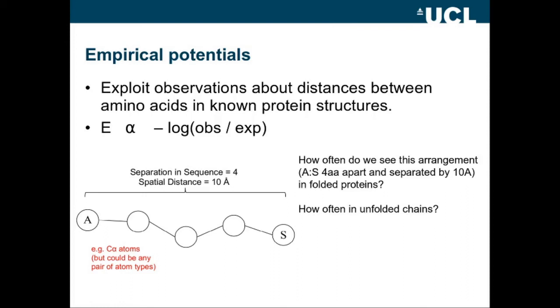In this example here, we have an alanine 4 residues apart from a serine, and we could measure the distance between, for example, the C alphas of those, or maybe the C betas, and so on. In this case, we can compare how often we see this arrangement, an alanine and a serine, 4 angstroms apart, separated by 10 angstroms, in folded proteins compared with random unfolded chains.